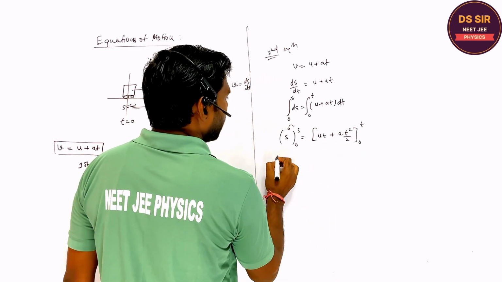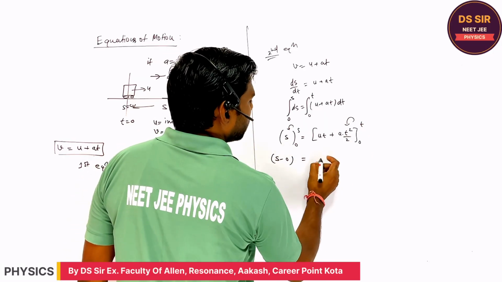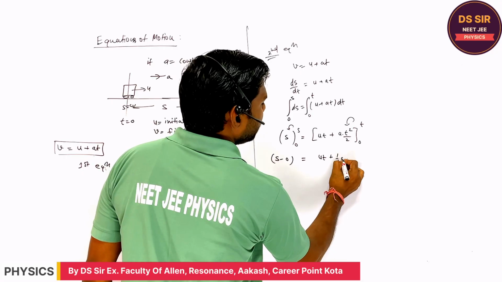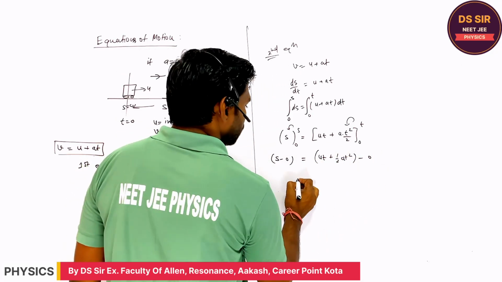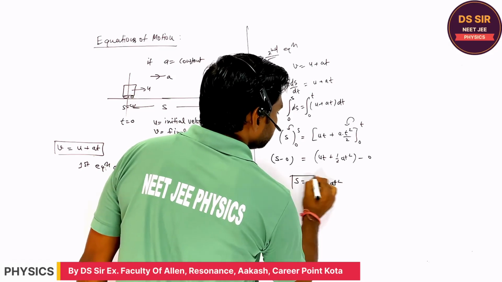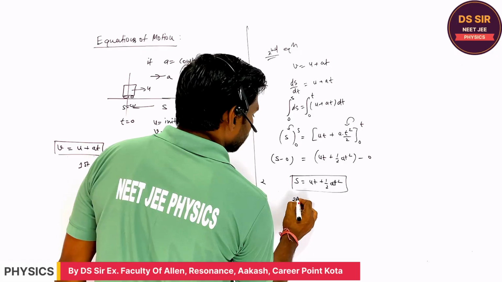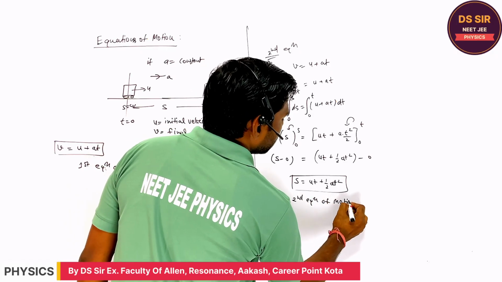Then put upper limit minus lower limit. First put the upper limit, half a t square, then subtract the lower limit. So s is equal to ut plus half at square. So this is the second equation of motion.